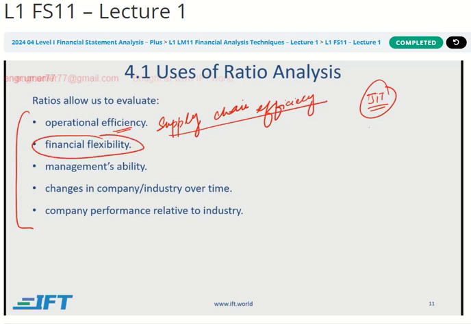Then there is financial flexibility: are they trying to lower their interest cost by keeping very little cash idle, investing most of the cash they have and not taking unnecessary loans? That is good because you save interest costs, but at the same time you might run out of cash. So we look at both the short term and the long term.